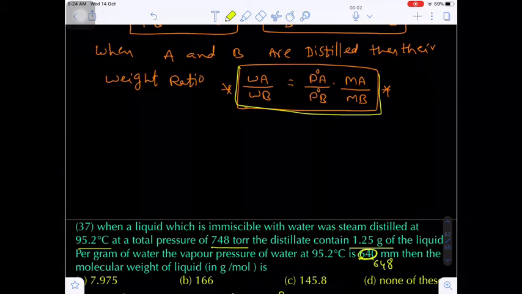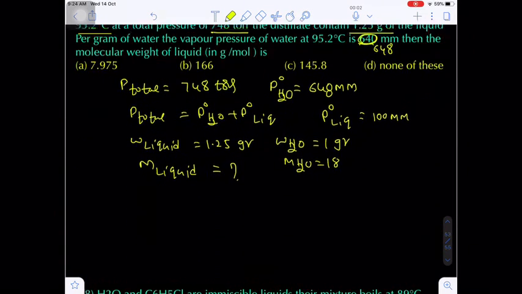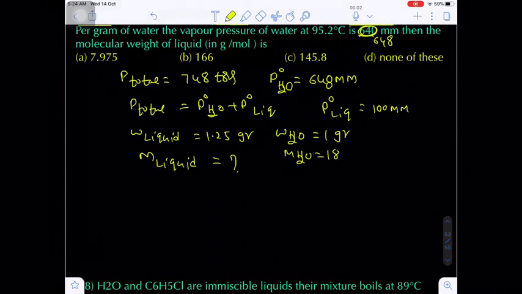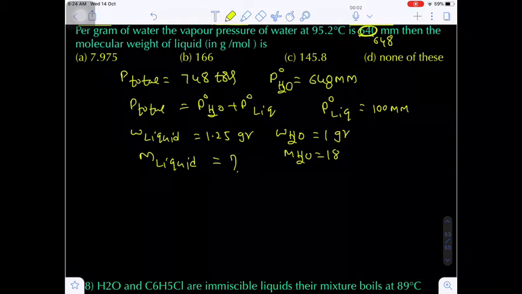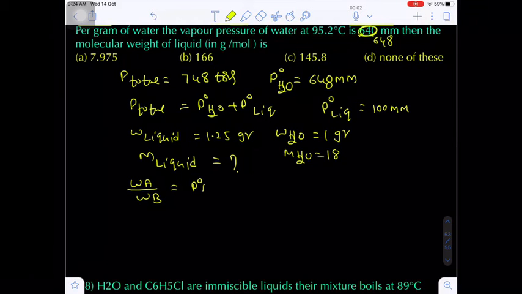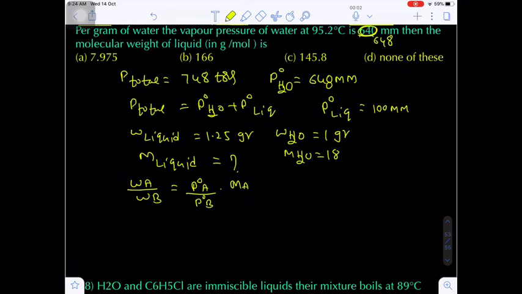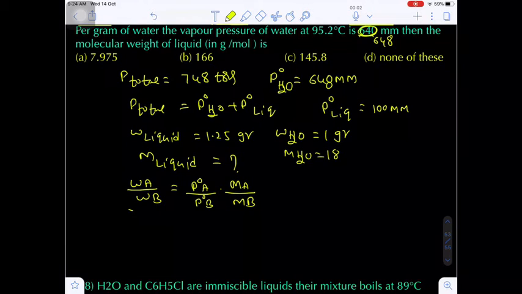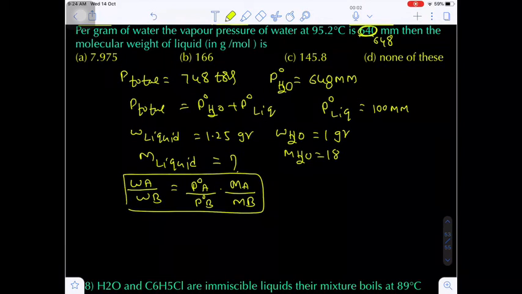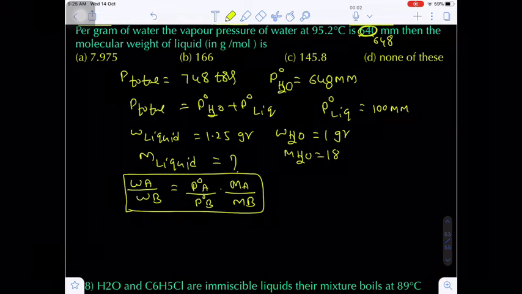I told you the relation between weight, molar masses and vapor pressures: W_A upon W_B equal to P naught A upon P naught B into M_A upon M_B. With this equation we can find the molar mass of the liquid.